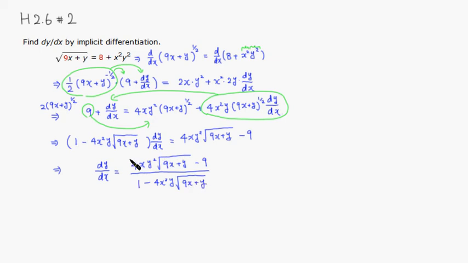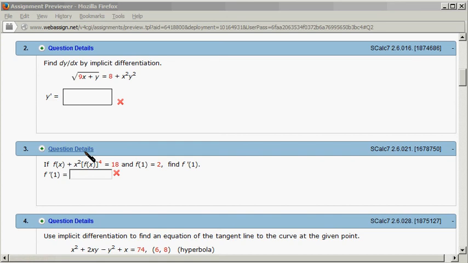So let's type it in. We have to put a fraction.